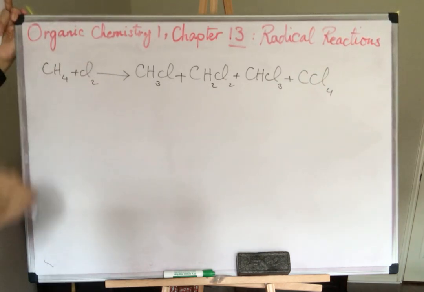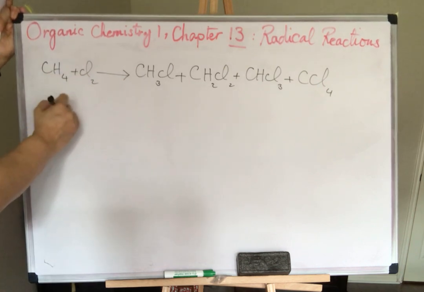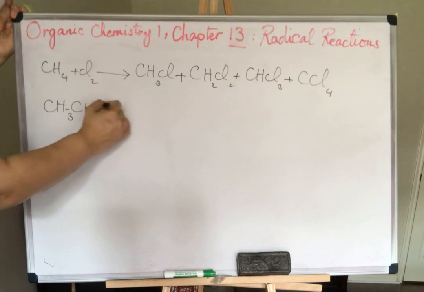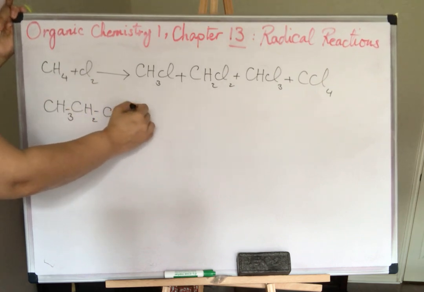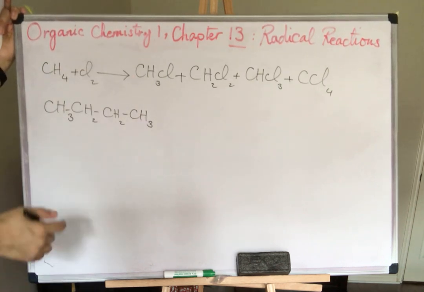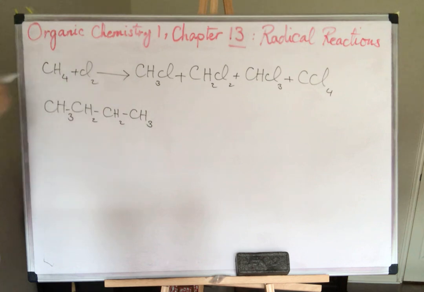In the case of methane, it's very simple, but what if you have a molecule like butane? A molecule like butane, we have to pay attention to the type of the hydrogens, because we are going to replace these hydrogens.